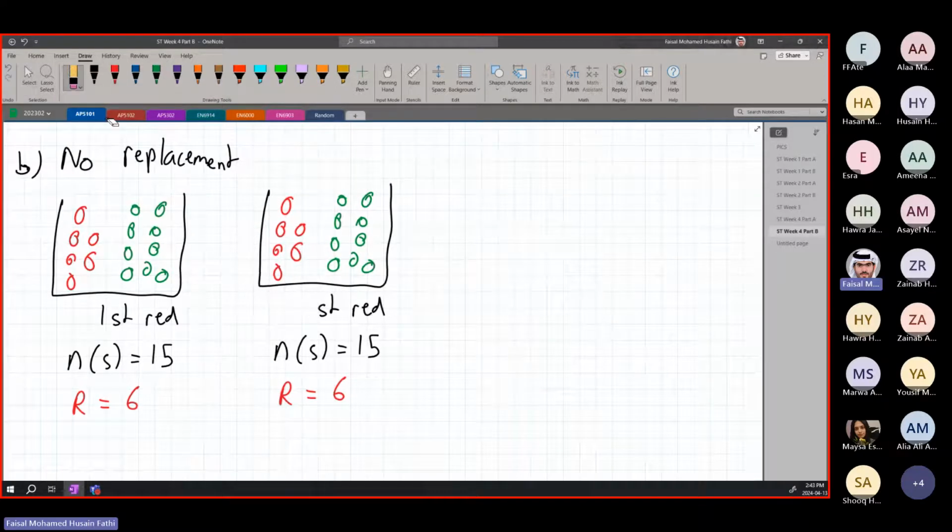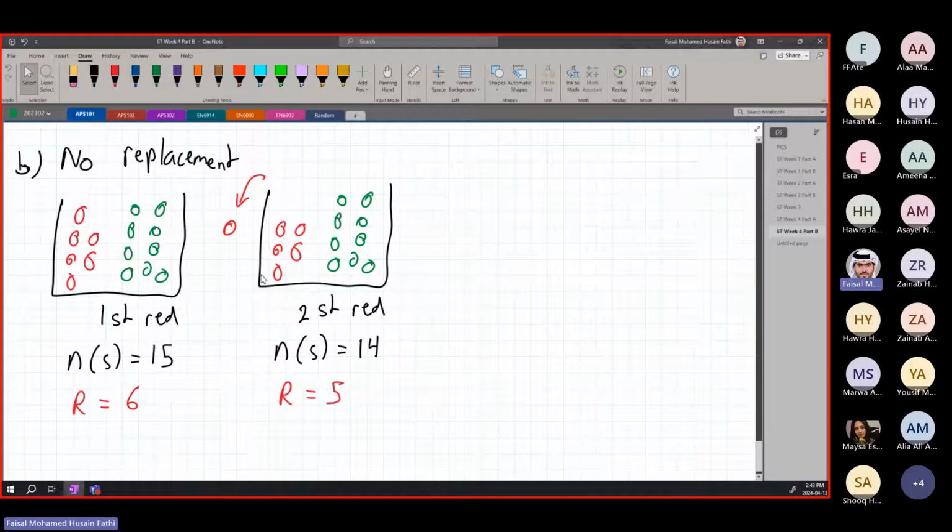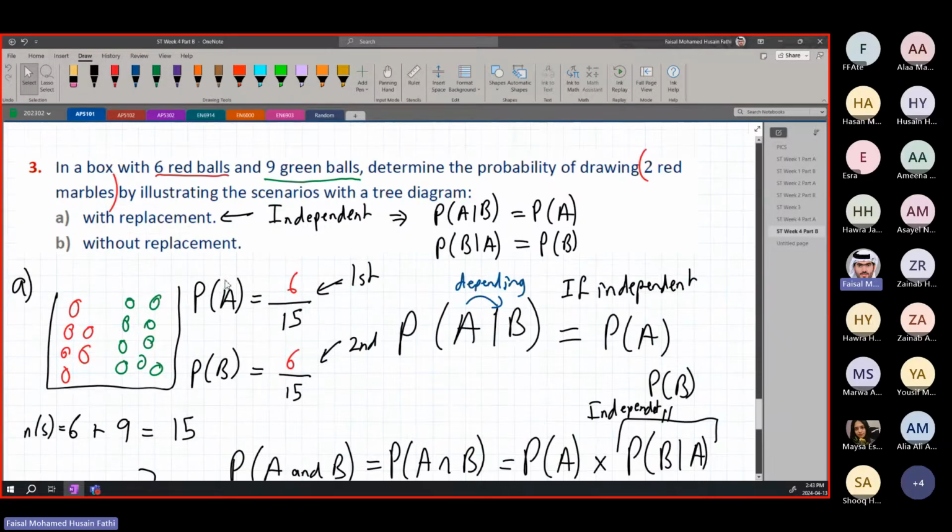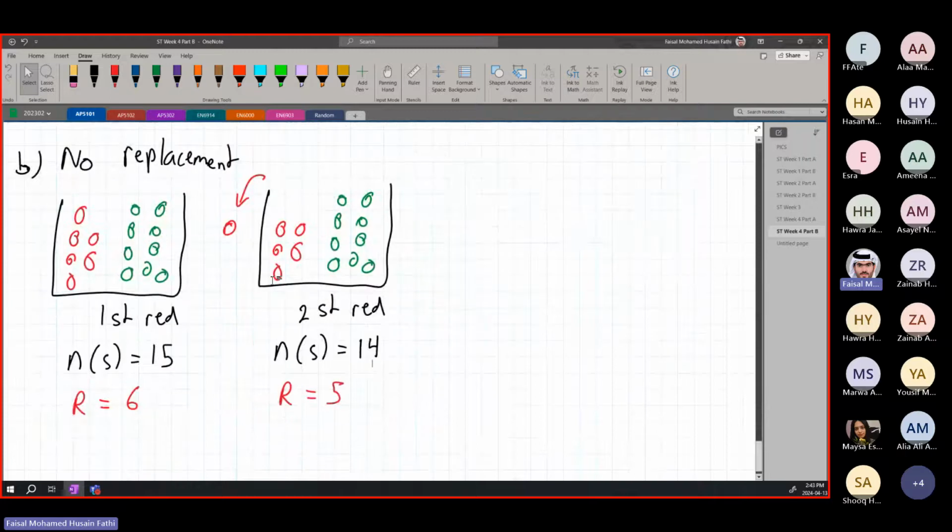Our second red ball, or red marble, or whatever, we have already selected 1 red from here. So there's already 1 red outside. Okay? How much is left in our sample space? Now our sample space has changed. We have 1 less red marble, so there's only 5 red marbles. So 1 less total marble or ball, so we have 14. This is the main difference between with replacement and without replacement.